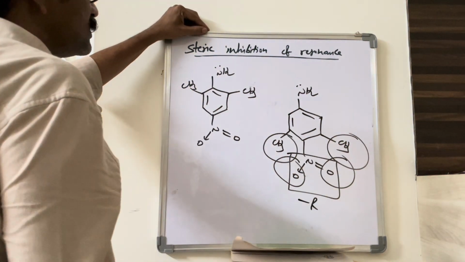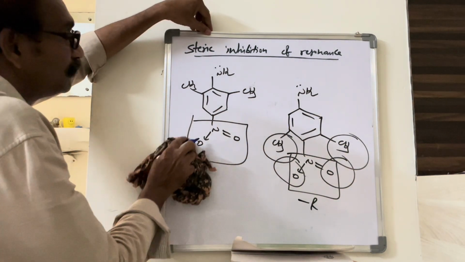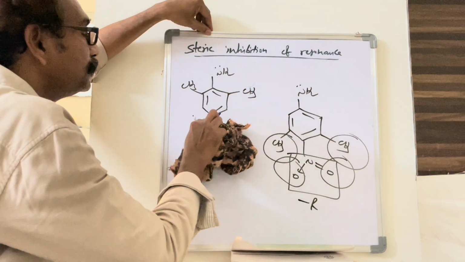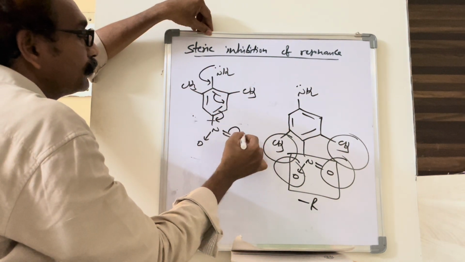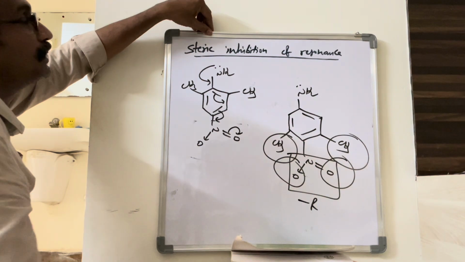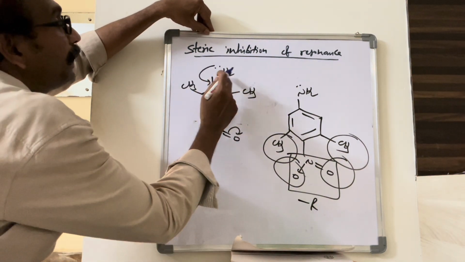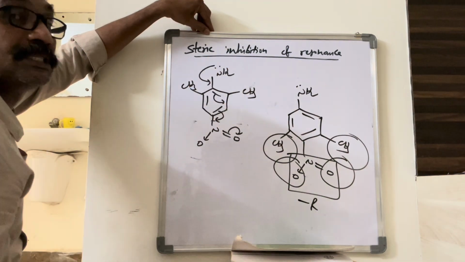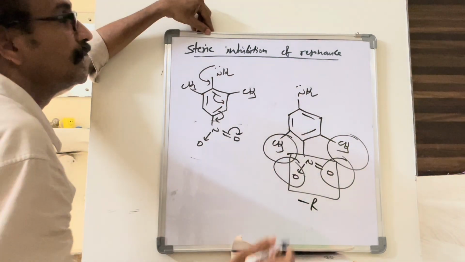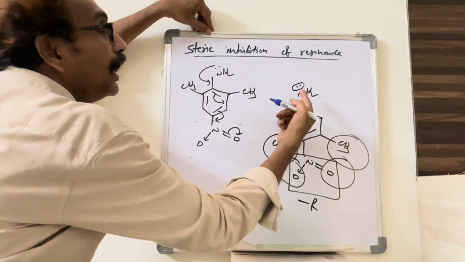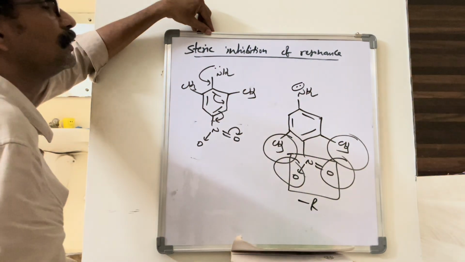But in the first case, this NO2 can enter into resonance in this manner. As a result, in the first case, the availability of lone pair on the nitrogen of the NH2 group is less for protonation, but in the second case, the availability of lone pair on the nitrogen of the NH2 group is higher for protonation.